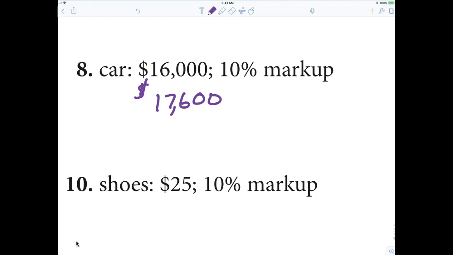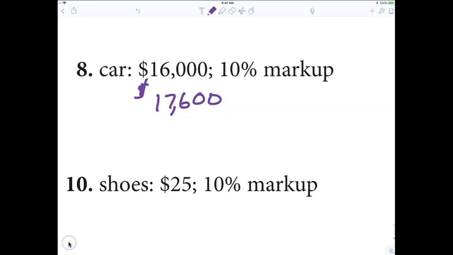Because you add 16,000 plus 1,600. You're awesome, buddy. Thank you for listening. Very important. See, 10% of 16,000 is what? 1,600. Remember, whenever you take 10%, you move the decimal back 1, because that literally means divided by 10.